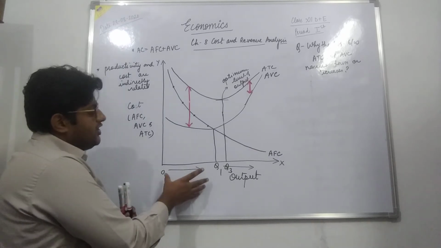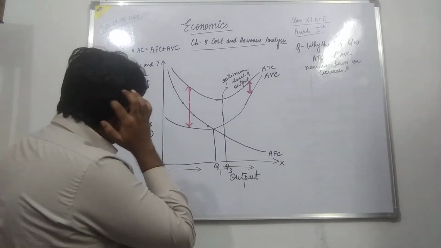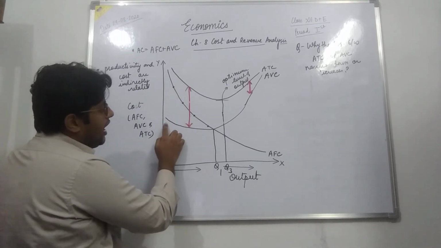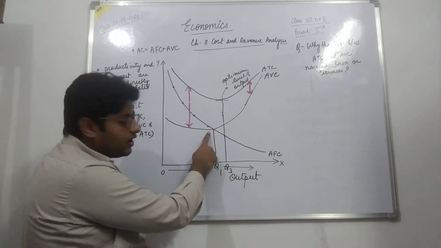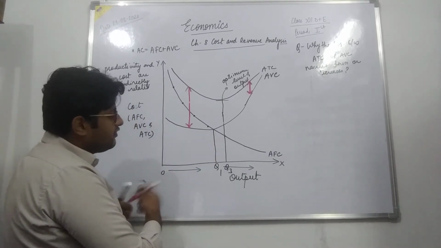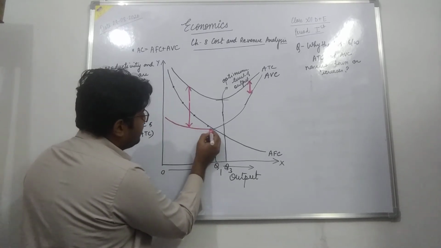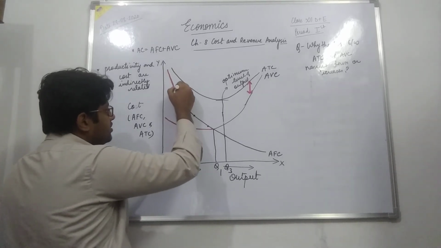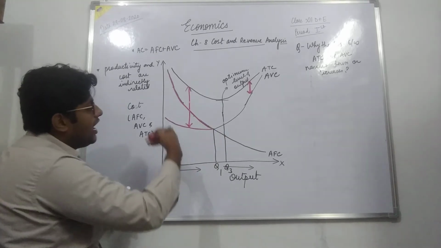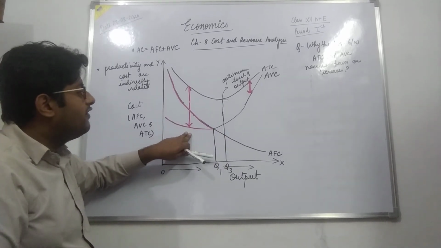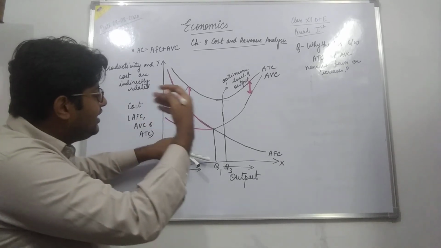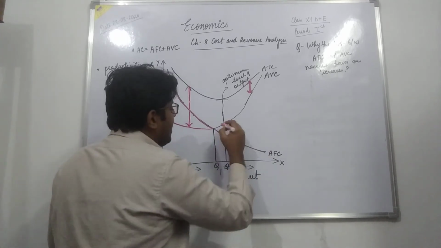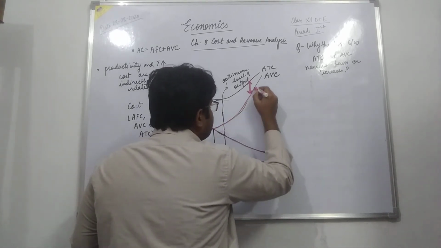See, at the initial stages, below Q1, if I see, your average fixed cost is lying above average variable cost. Okay, below Q1, this is your average variable cost and this is your average fixed cost. So your average fixed cost is lying above the average variable cost. Alright, and at the later stages, from here, my average fixed cost is lying below the average variable cost.